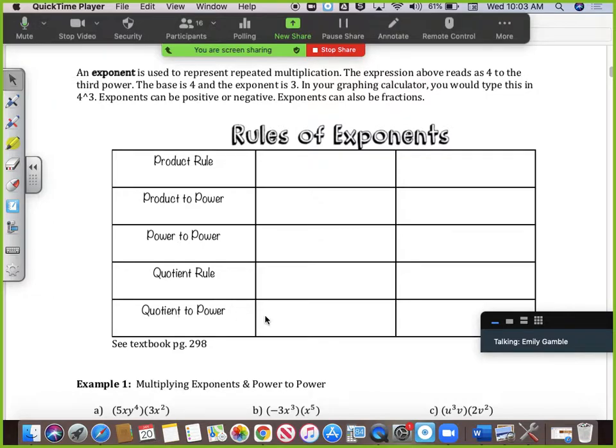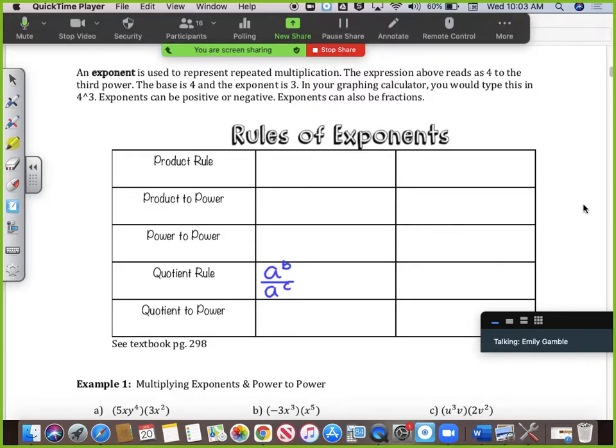So the quotient rule, which you already have in your notes, is when you have a division problem, which can be written in fraction form, like a to the b power divided by a to the c power.